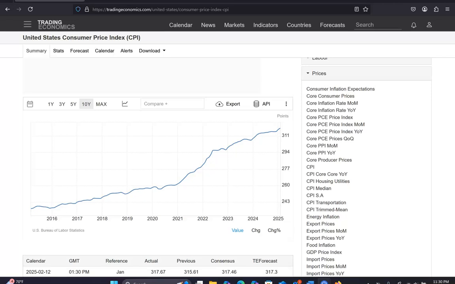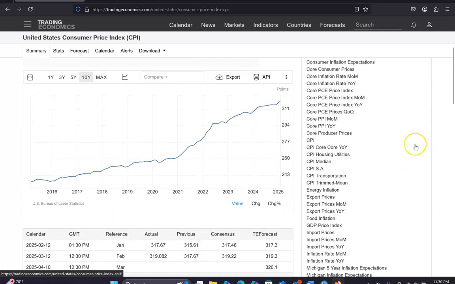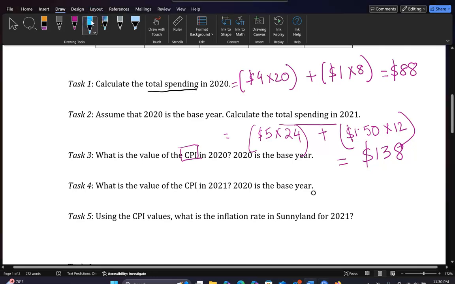So, this is a CPI for the US economy, and we have the 10 years data. Now, I'm going to go back to our question. Task 3 is asking for CPI in 2020.